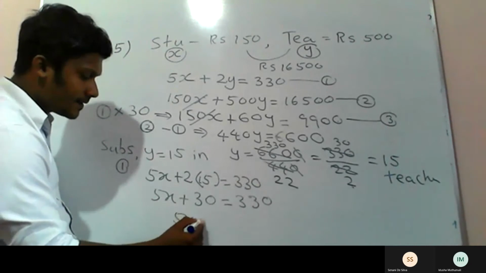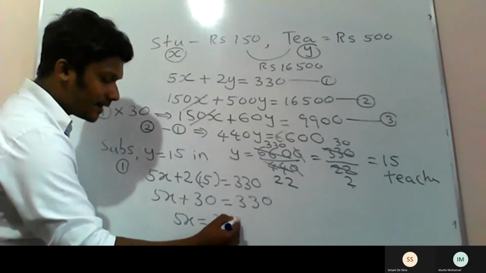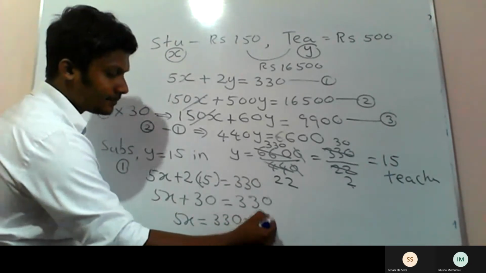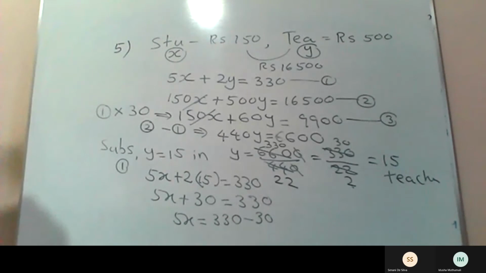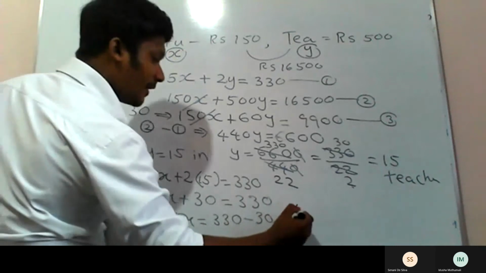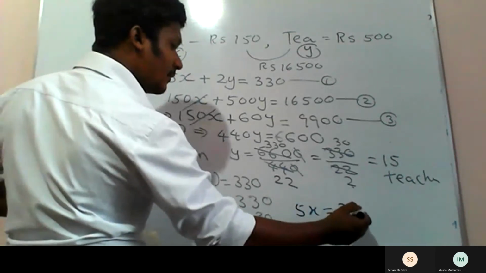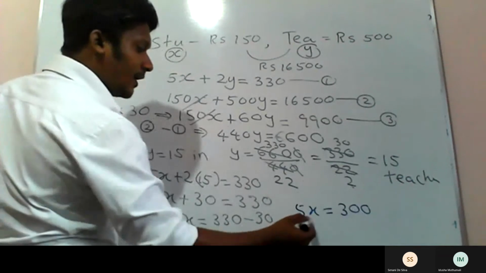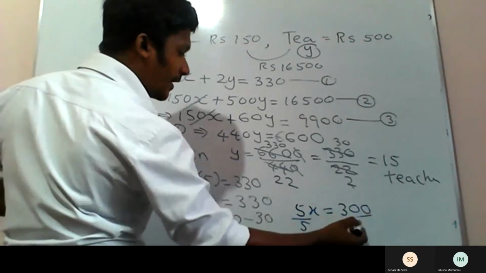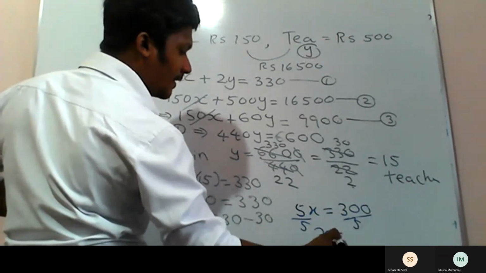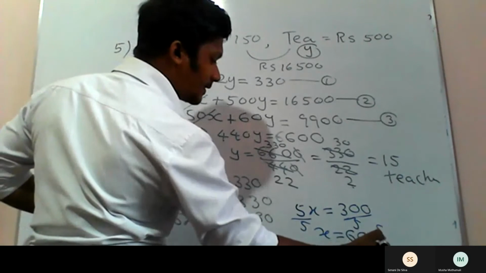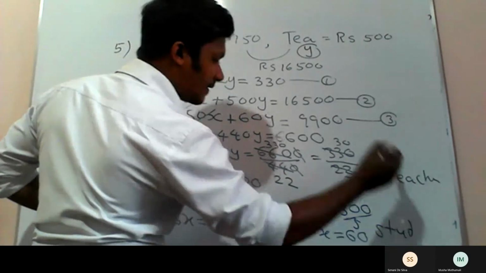Then 5x is 330 minus 30. We can find x now. 5x equals 300. When we divide both sides by 5, x equals 60. 60 students.